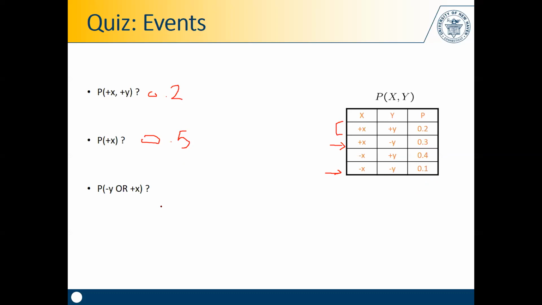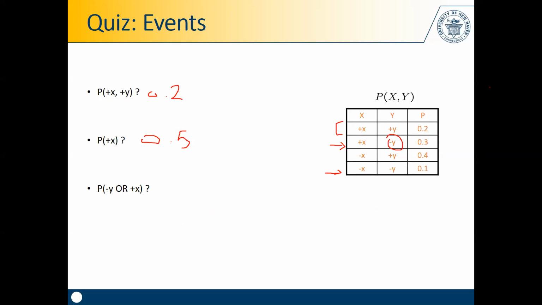Exactly. Since there's an intersection between the outcome being negative Y and the outcome being plus X, to get the correct probability for negative Y or plus X, we first sum up the probabilities of plus X and negative Y, and then subtract the probability of the overlap, which is 0.3.